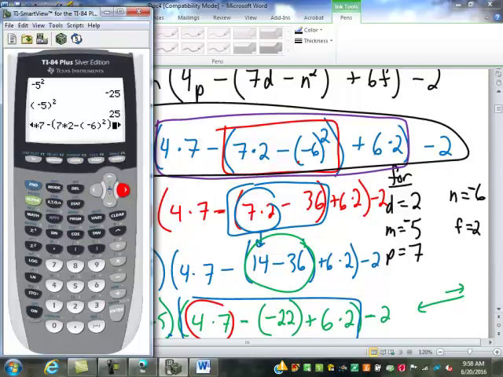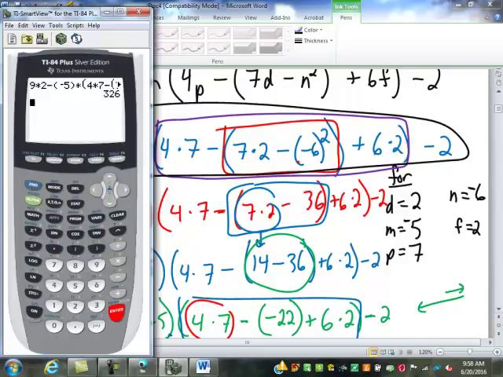Thank you. Plus 6 times 2. Close parentheses, minus 2. Now we'll see if I did this right. Uh-oh. That's wrong. There we go. Got 326.